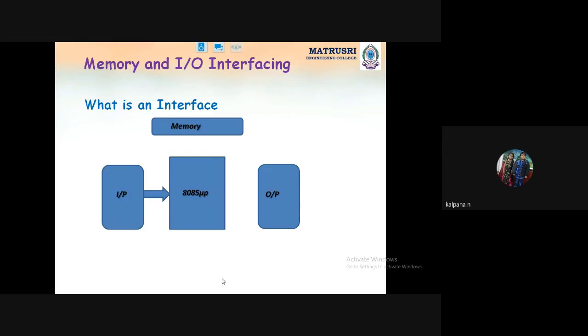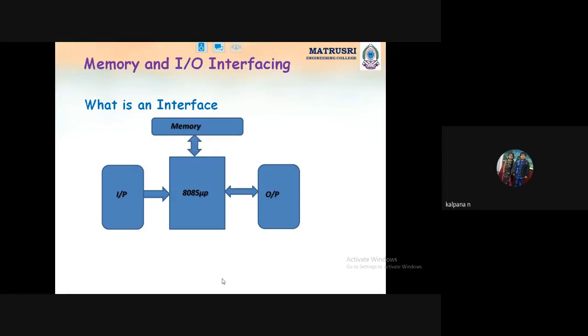After performing, we want to see the output, right? Now we are connecting output also. In order to see the output, we connect output devices to the processor. Now, if we want to save this program, these inputs and outputs, then we connect memory.